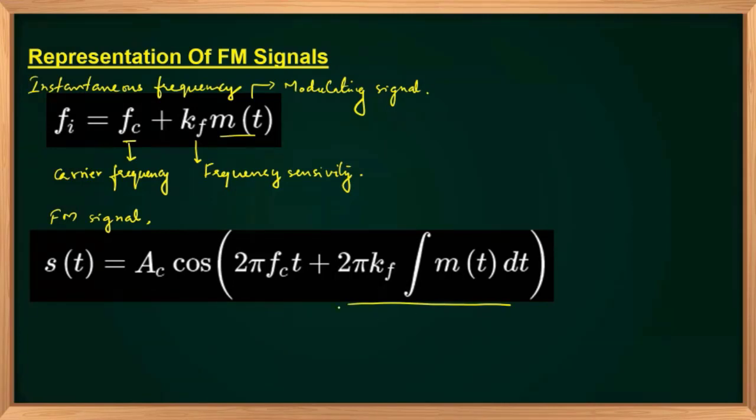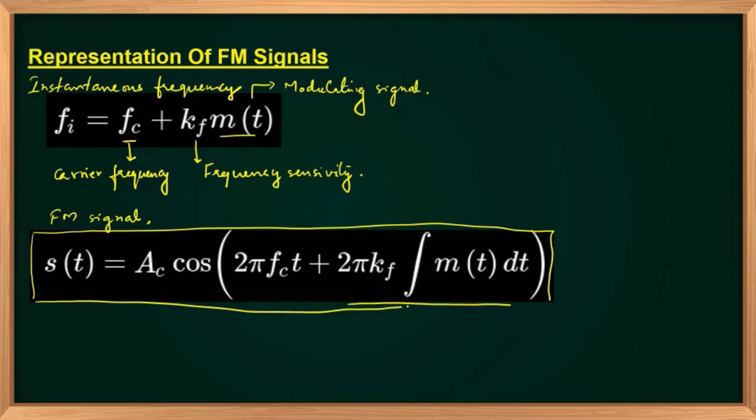So the frequency of the signal will be equal to fi, which is equal to fc plus kf into m(t). You should note this equation s(t). This equation is a general equation. In the single tone case, we can substitute m(t) equal to Am cos 2 pi fm t to obtain the expression. Only this expression is required.